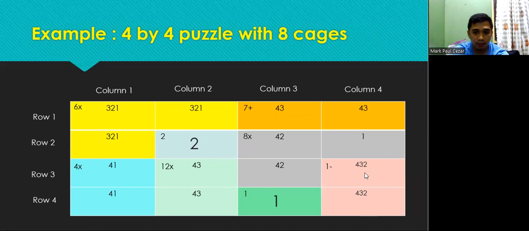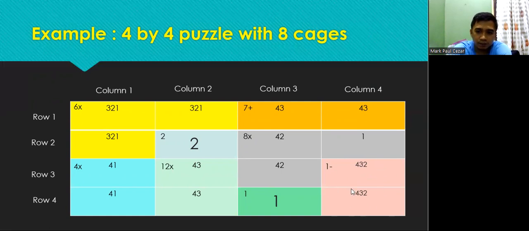Did you get that? Another possible combination is 3 and 2. I can put 3 here or 2 here, as long as the difference is 1. So 3 minus 2 is 1. Did you get that, class? That's why I just put all the possible combinations here.